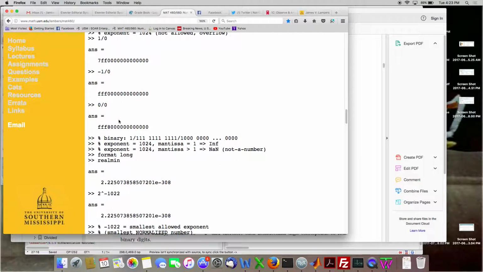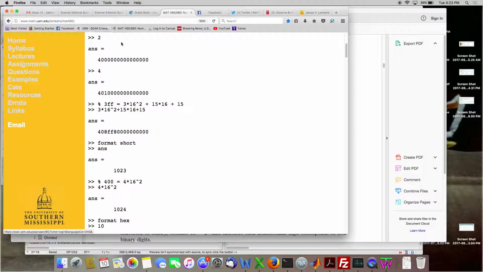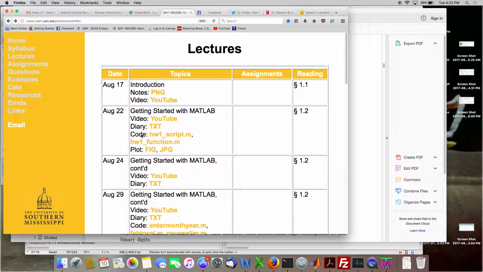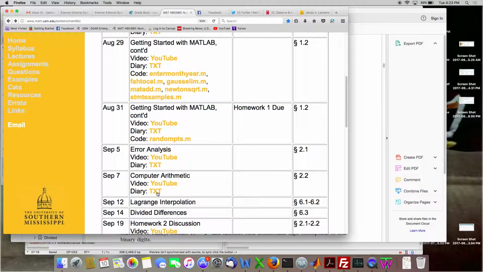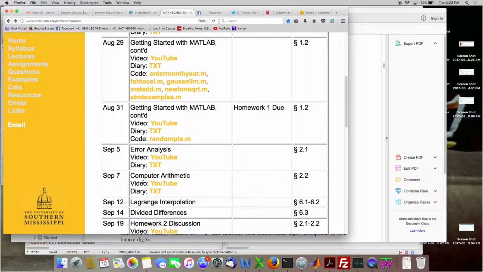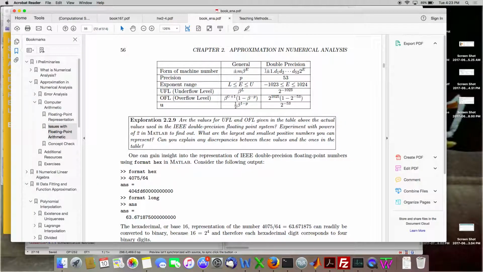And the other thing is, this is the diary from this lecture from September 7th. The other thing I want to point out about this particular floating point system I described in the table is that this floating point system assumes normalized numbers.